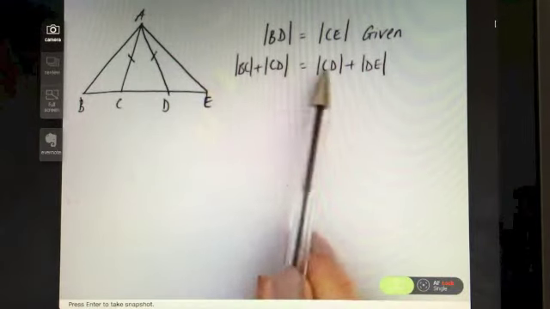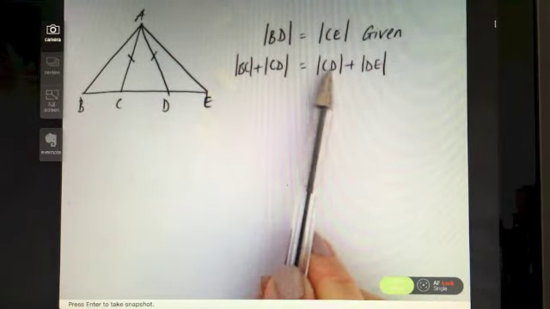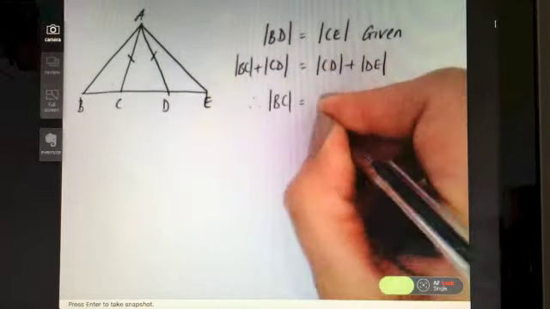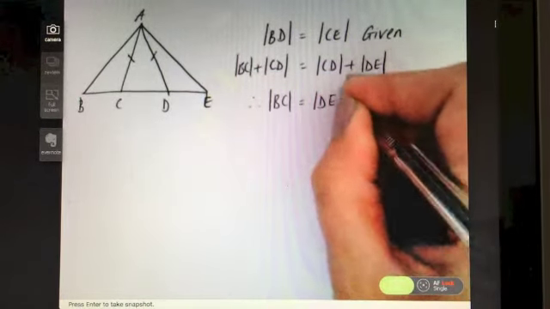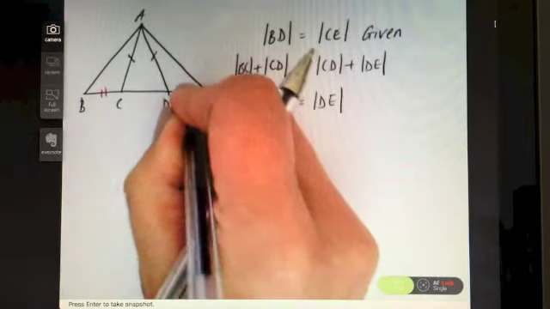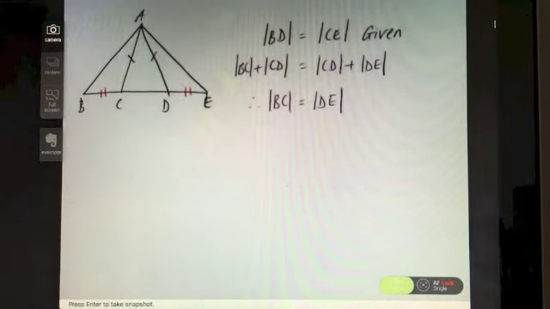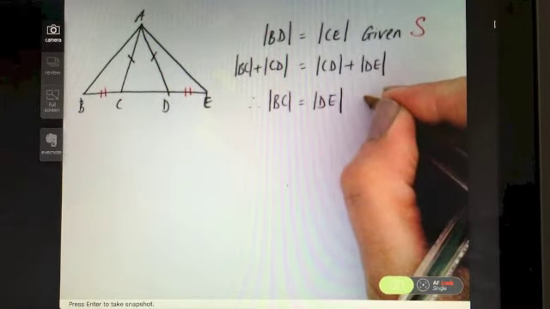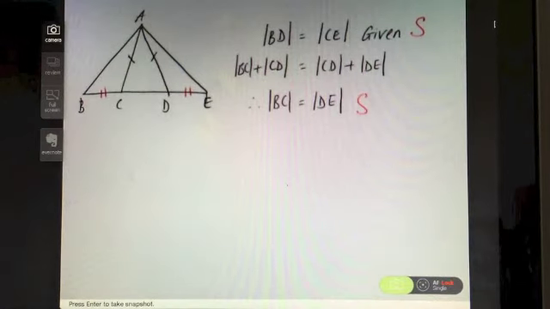Given that we have CD on both sides, take them away from both sides, we conclude that BC therefore is equal to DE. So in other words, that line there is equal to that line there.